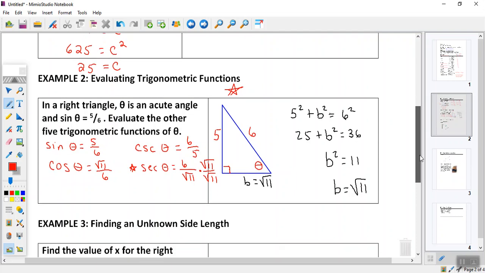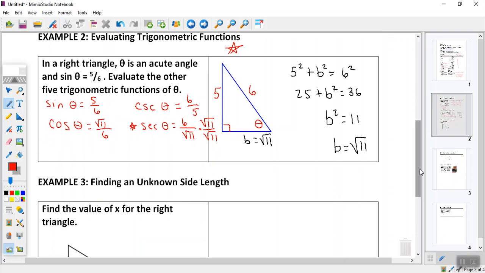So the secant of theta is really equal to 6 root 11 over 11. That's kind of a goofy one, but you don't want square roots in the denominator. Alright, how about tangent then?